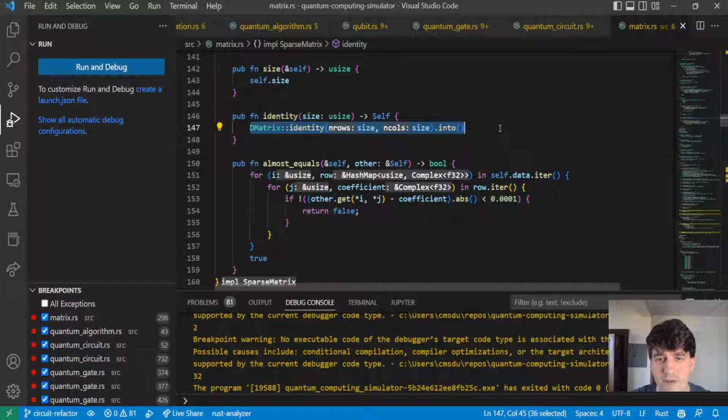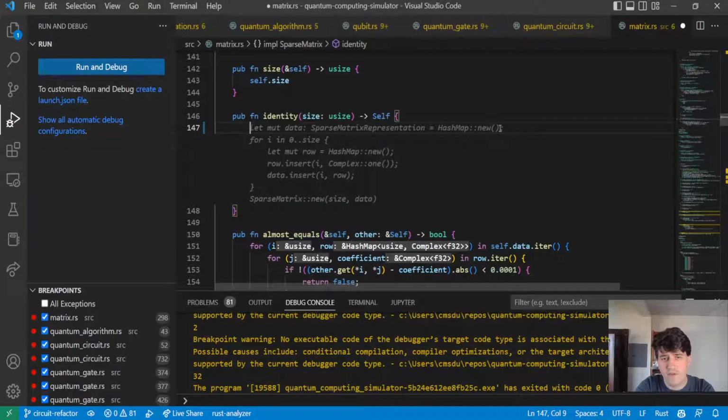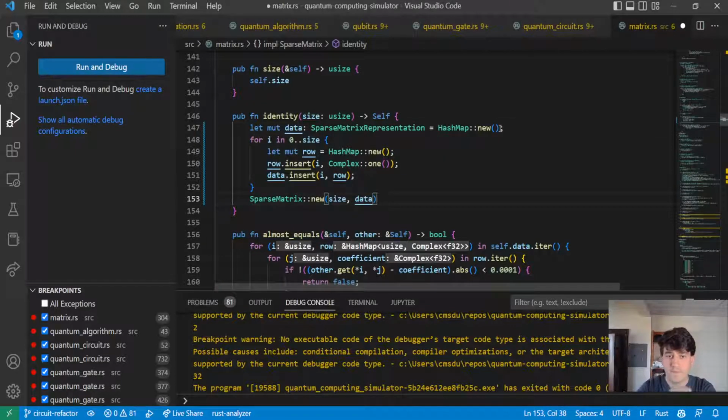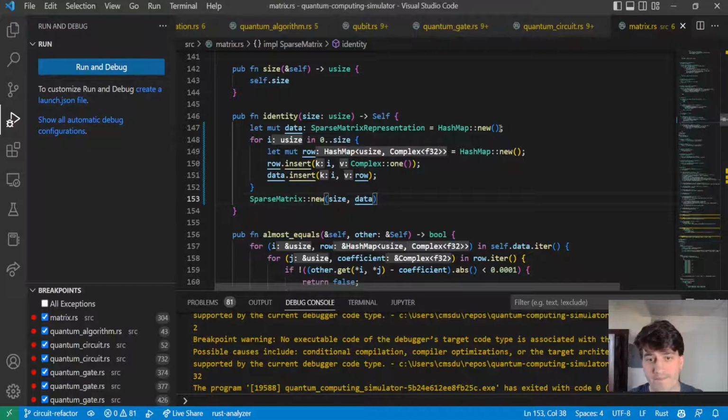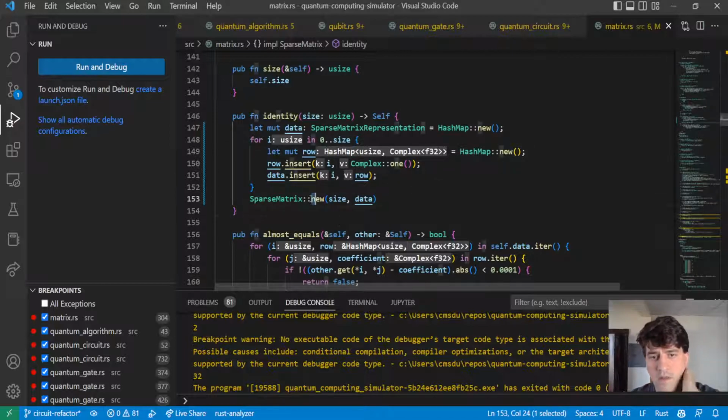We can make this faster because we know how to construct an identity matrix without doing it via a dense matrix. So let's do that. Yeah, this looks fast. This is what I would have written. I know it's superfluous, I like to write return.